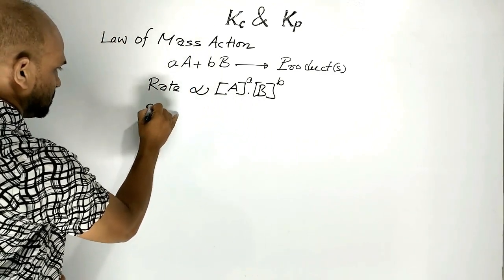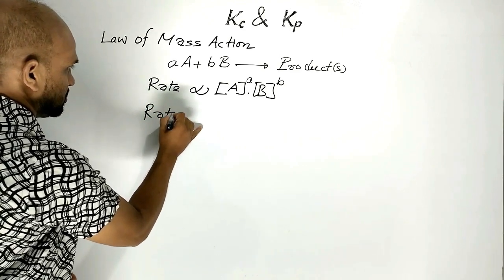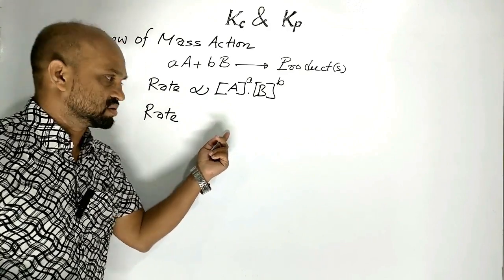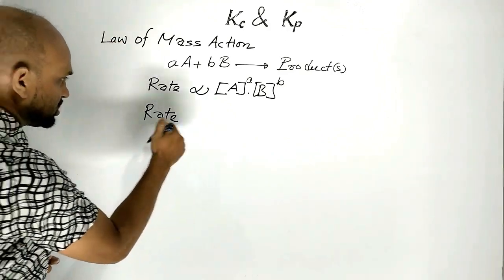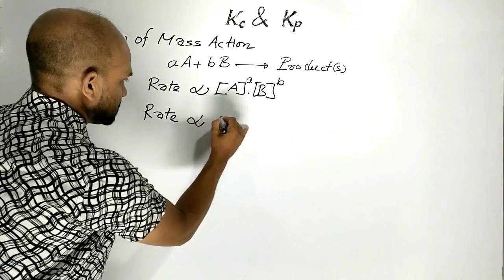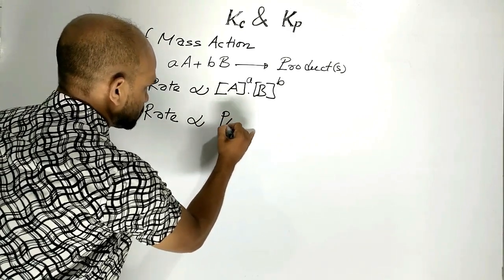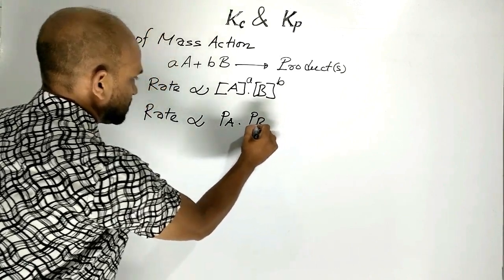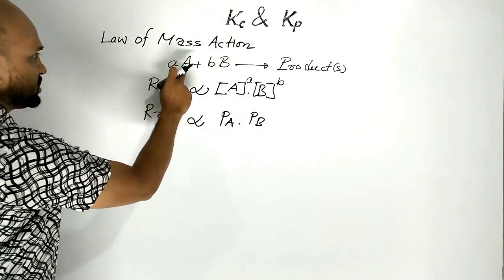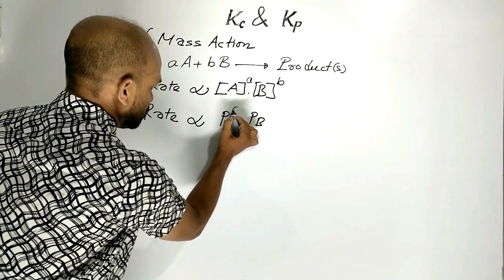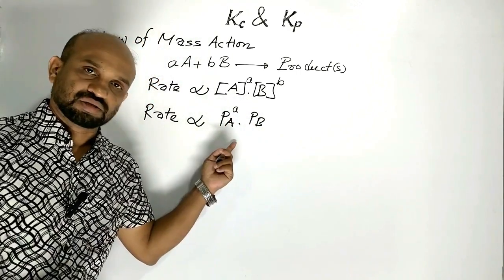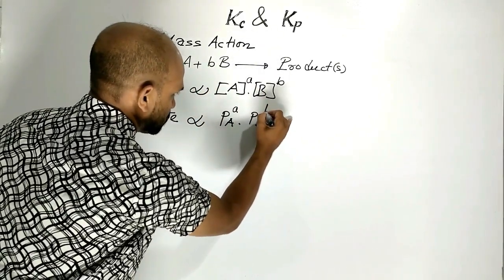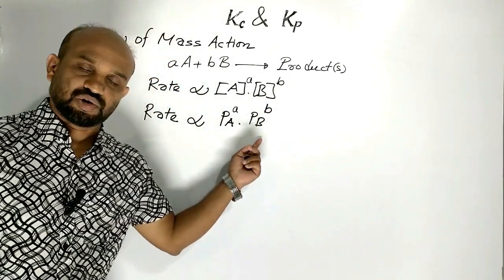When the components are in gaseous state, then rate of the reaction will be directly proportional to the partial pressures of the components. The coefficient of A will be the power of its partial pressure, and the coefficient of B will be the power of its partial pressure.